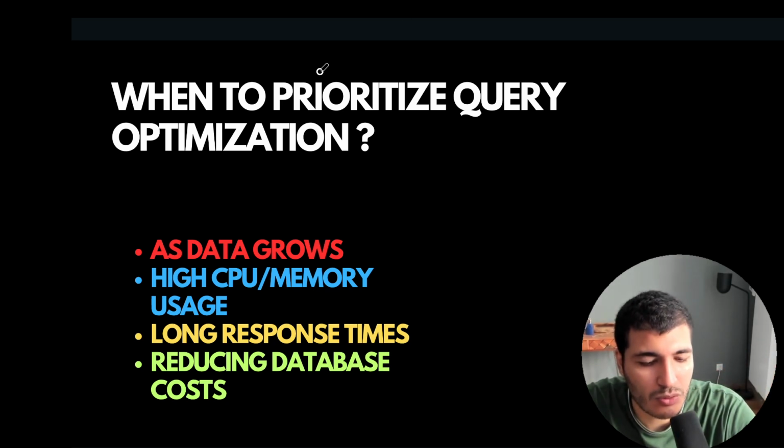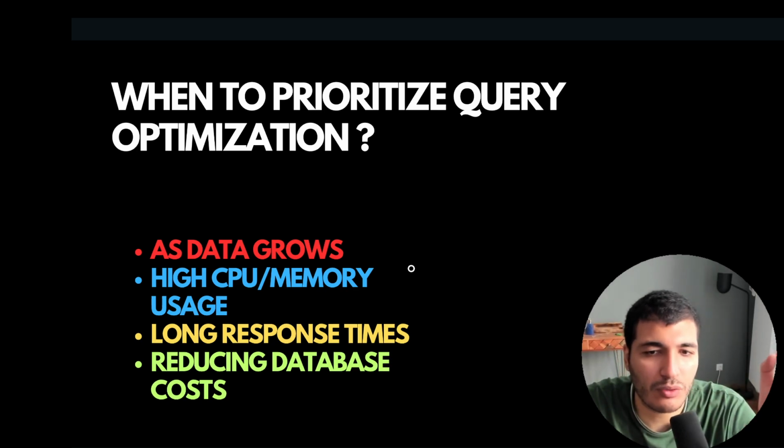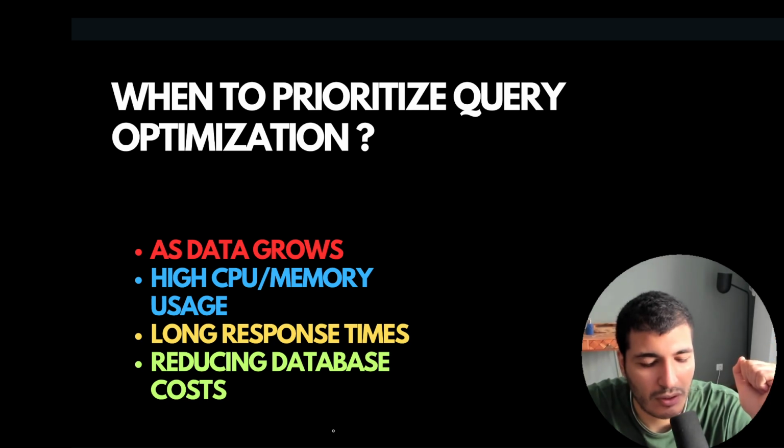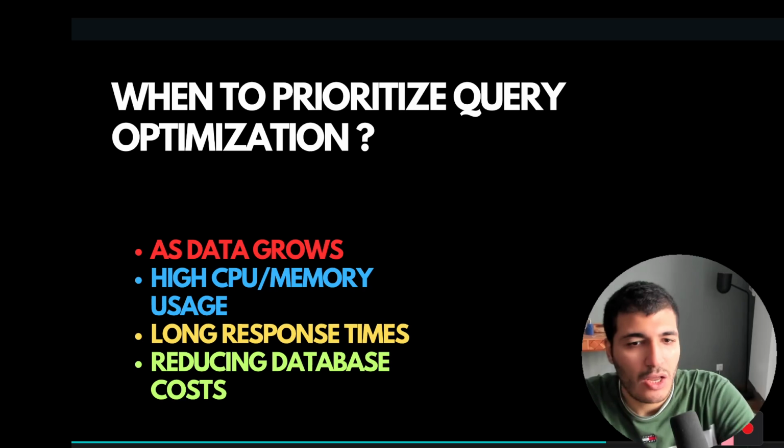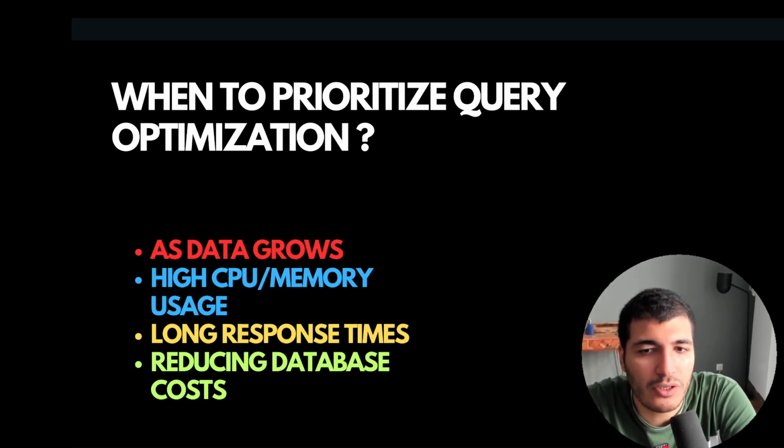A query that performed fine with 1,000 rows might become a bottleneck with millions or billions of rows. Number two, when you have high CPU or memory usage. If you notice high CPU or memory usage on your database server, inefficient queries are often a major culprit. Optimizing them can free up valuable server resources. Number three, long response times. Long query response times directly impact your user experience.